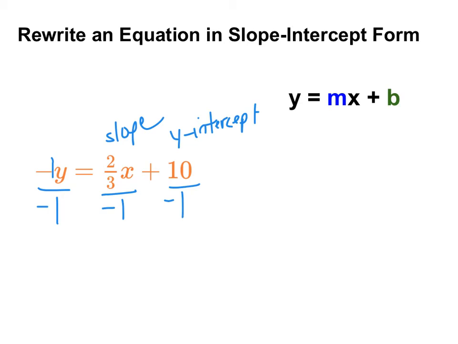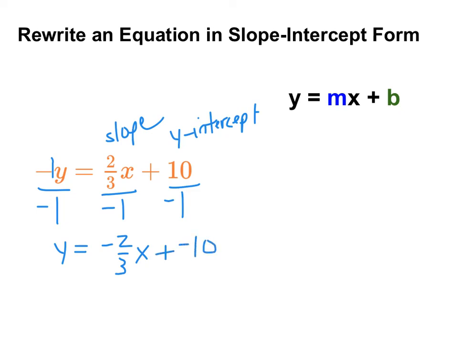So now if I go through and simplify, -1 divided by -1, negative divided by negative leaves me with a positive y. A positive 2/3 divided by a -1, positive divided by negative is going to make this a negative 2/3 x. And then positive 10 divided by -1, positive divided by negative is going to be a negative, so plus a -10.